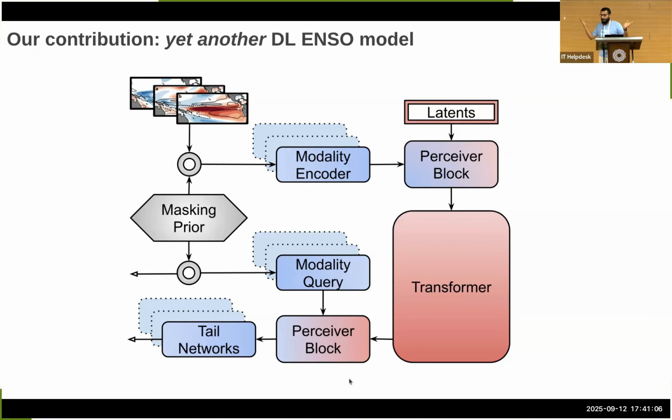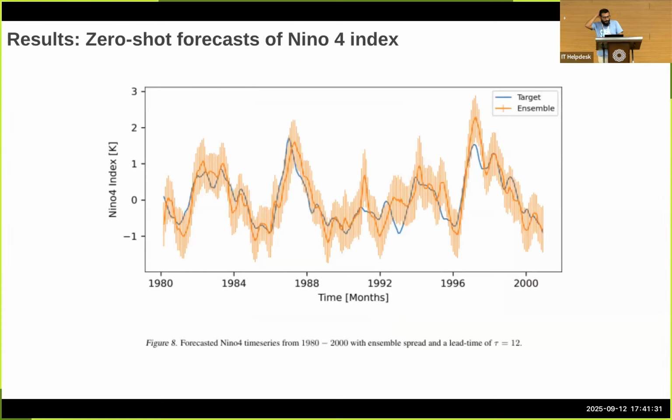And we use an ensemble size of, I think, 8 at one point and also 17 at one point. If we have an ensemble size of 17, then there will be 17 tail networks, each of them responsible for one member of the ensemble. And when we have the ensemble, we can use the continuous rank probability score to train our model based on that loss.